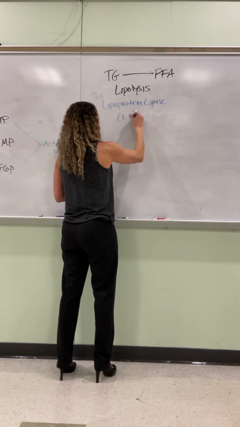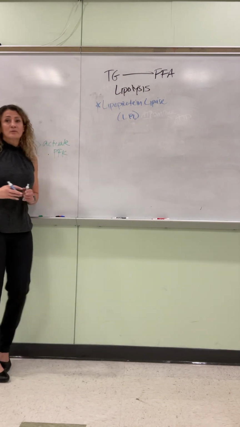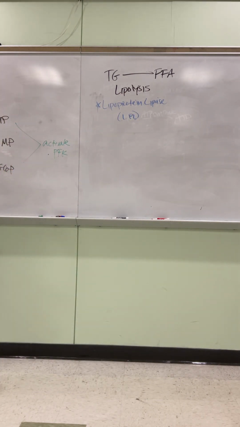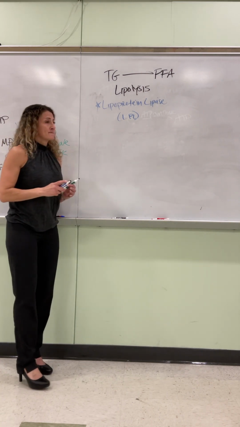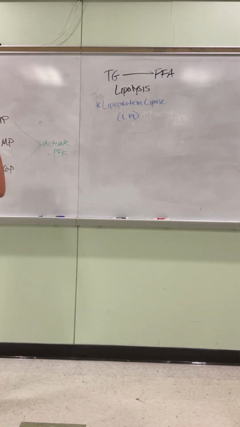Okay, so lipoprotein lipase is going to be the rate limiting enzyme for beta oxidation, the beginning of our fat metabolism. Lipoprotein lipase is the rate limiting enzyme for beta oxidation.